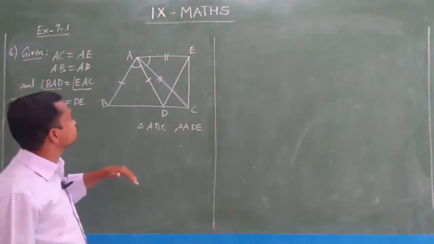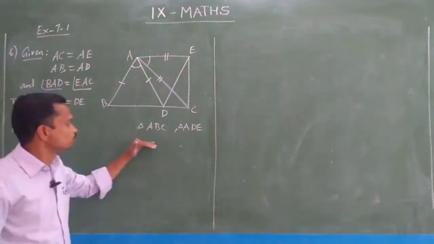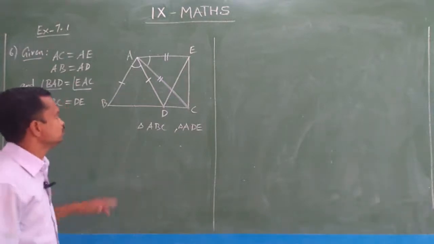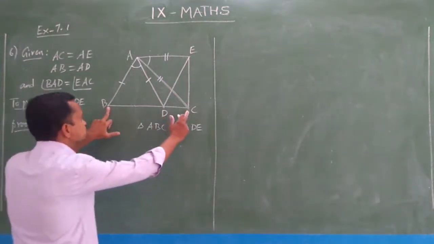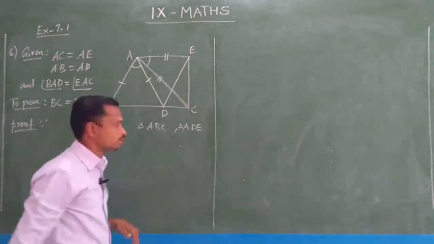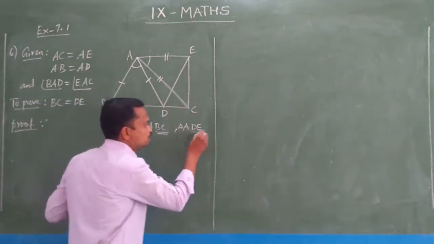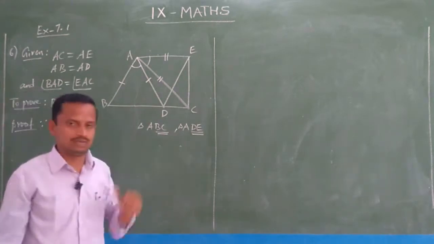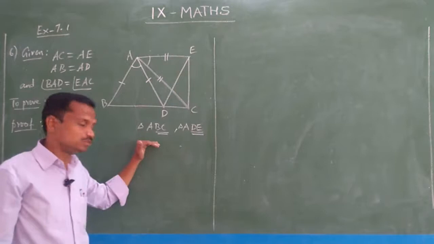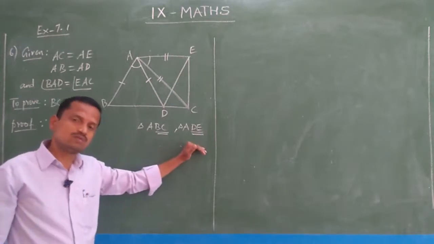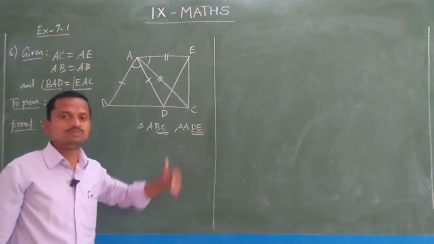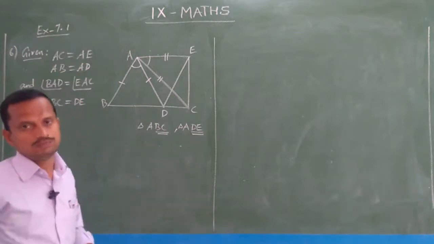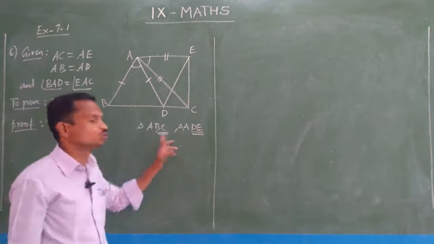After that, if you prove these two triangles are congruent, then by CPCT BC is equal to DE. BC is a side of ABC and DE is a side of triangle ADE, so by CPCT these two sides are equal. So first we have to prove these two triangles are congruent.